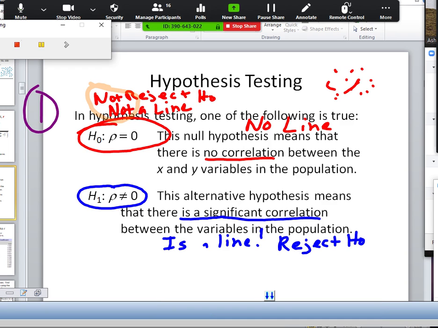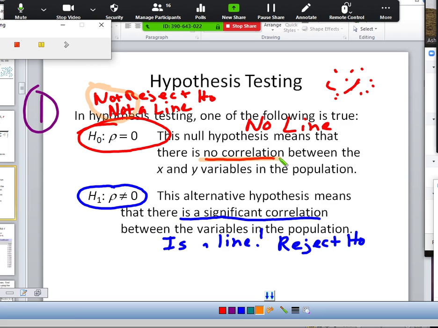So you guys pay attention, because this is one that people totally screw up, and I promise you, some of you are going to be confused about this later on. So H naught is always, always no. No difference is equals. No correlation, no line. That's what it is, all these no's.